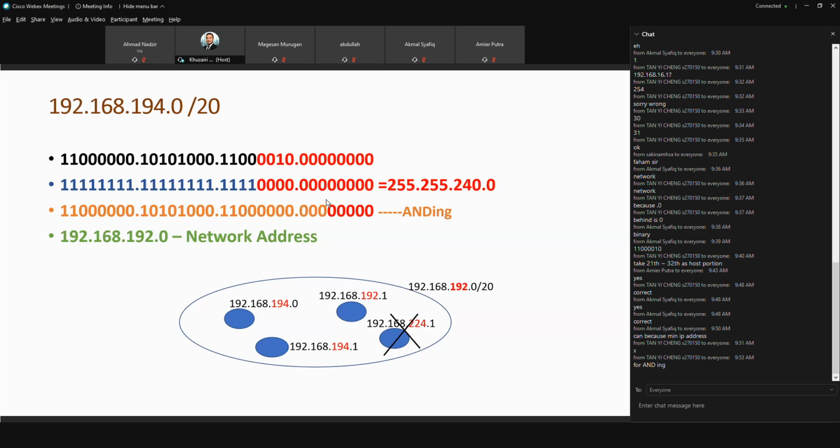So what is the broadcast address for this network address? What would be the broadcast address?